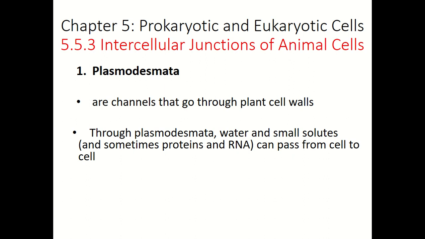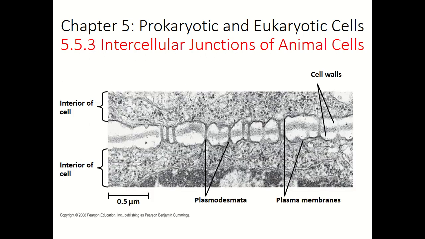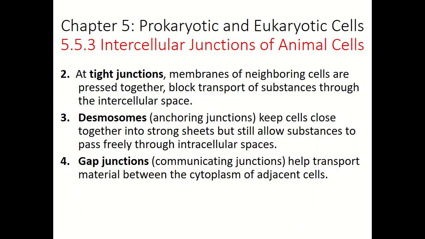Remember, plasmodesmata can only be found in plant cells. Through the plasmodesmata, water and small solutes can pass from one plant cell to another. I did mention this one earlier.